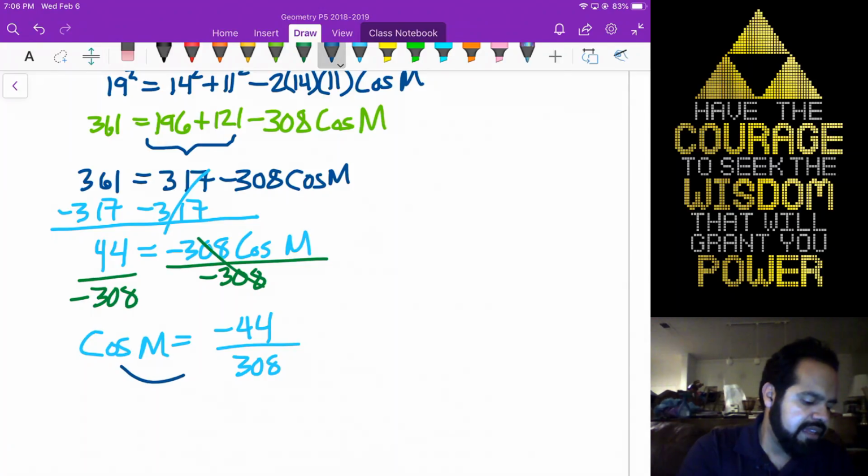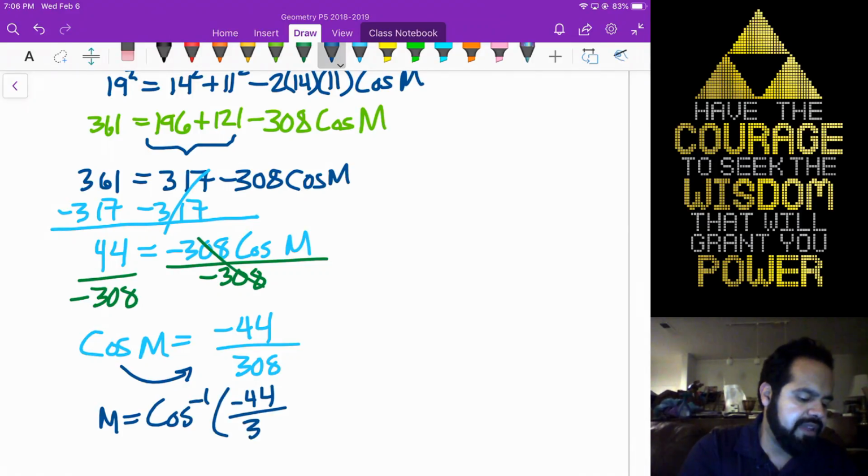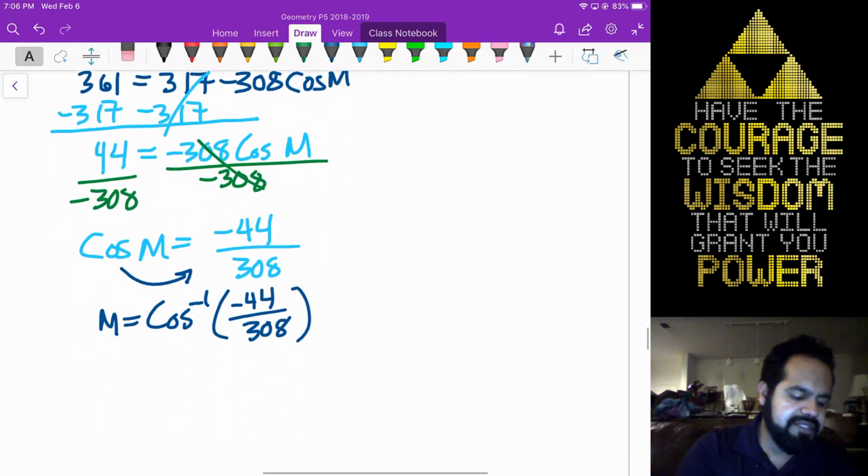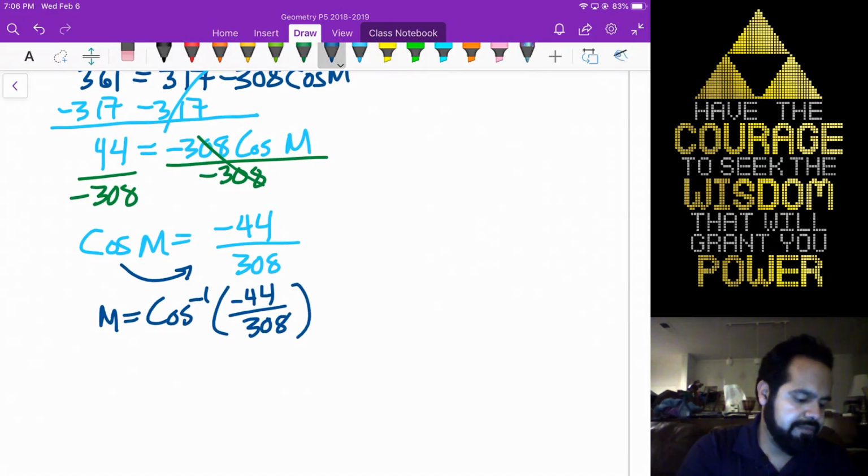Okay, so then solving for m, we get inverse cosine of negative 44 over 308. Type that into my calculator: inverse cosine, negative 44 divided by 308. And I get 98.2. So the angle M is 98 degrees.